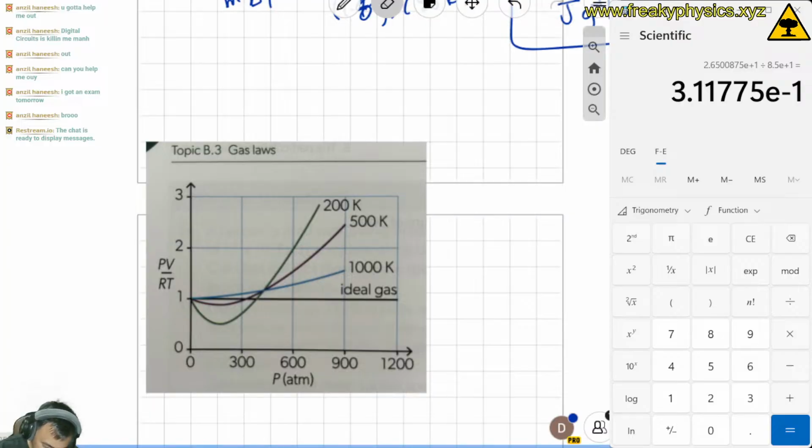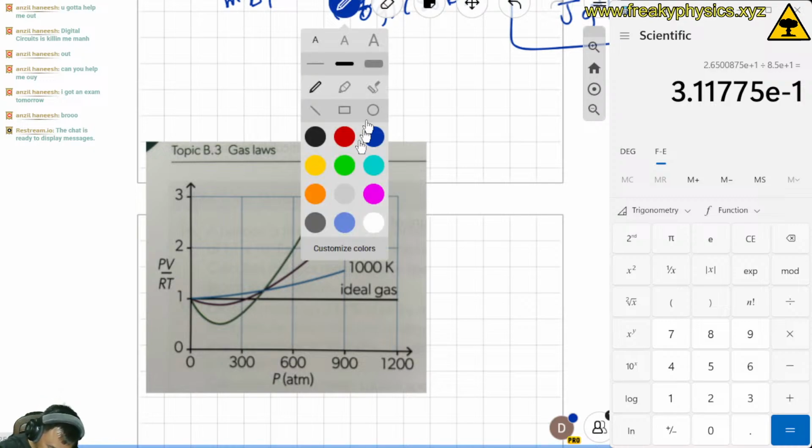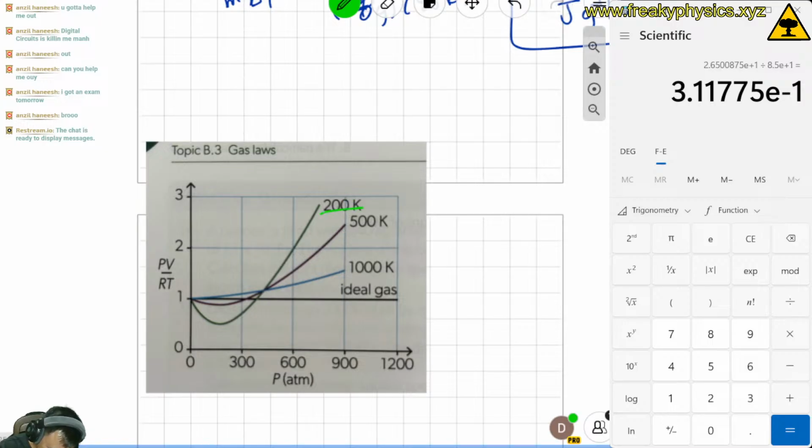So this is basically the curve for when the pressure is changing, and because of that, the volume is also changing, for a particular temperature. So these would be the curves for a particular temperature. For the green curve, we're putting that temperature in here, and this is how the curve would look.